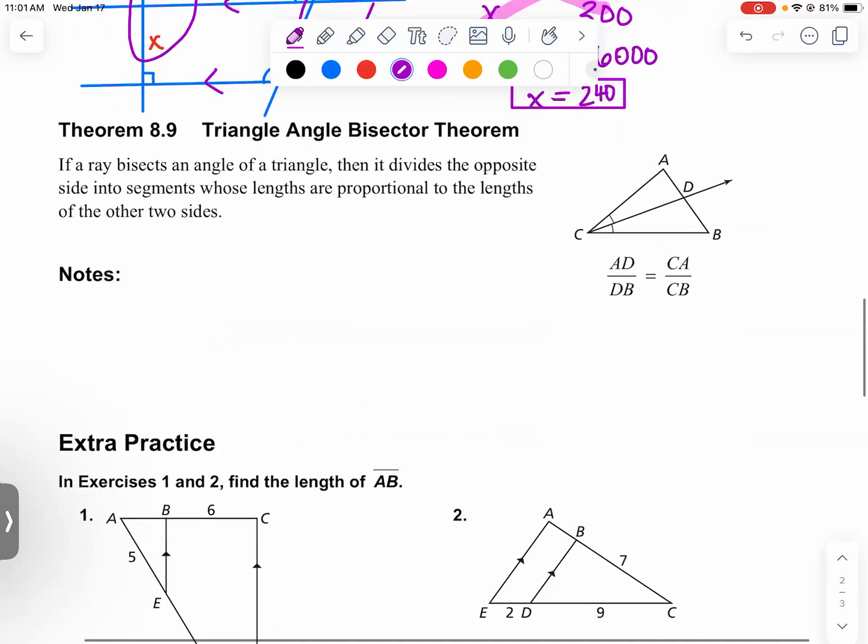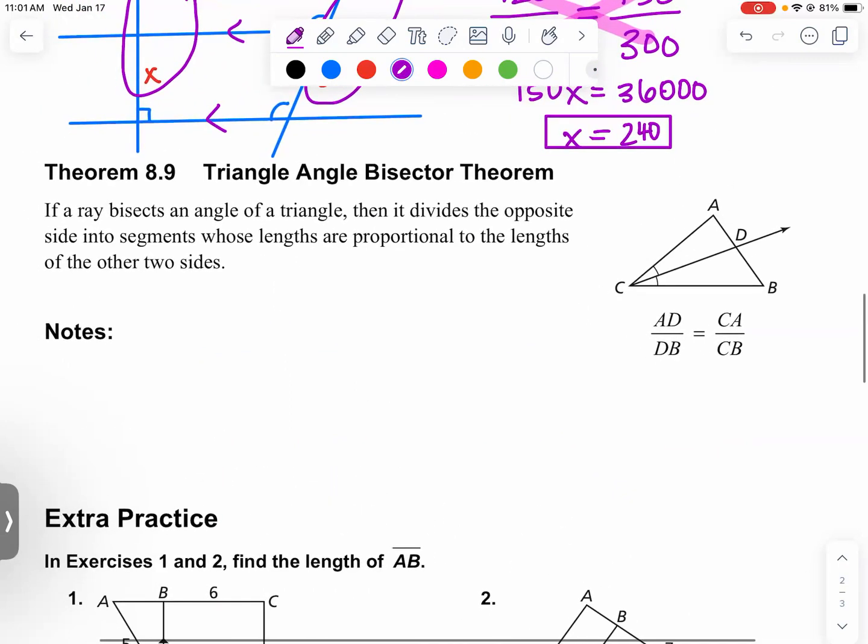Okay, our last theorem, the triangle bisector theorem. If we have a ray that bisects an angle of a triangle, then it divides the opposite side into segments whose lengths are proportional to the other two sides.